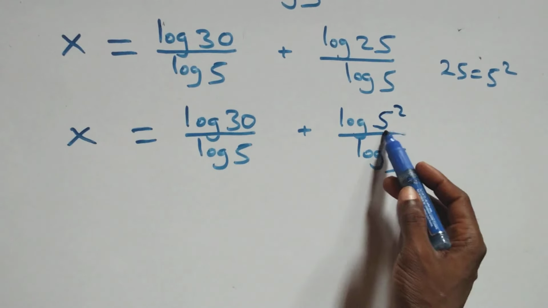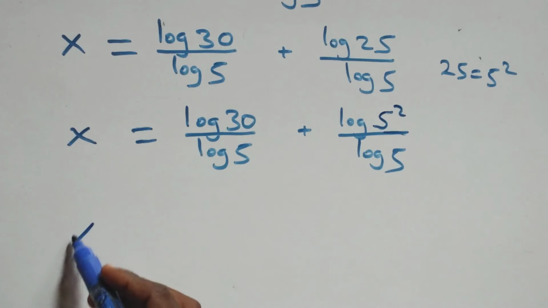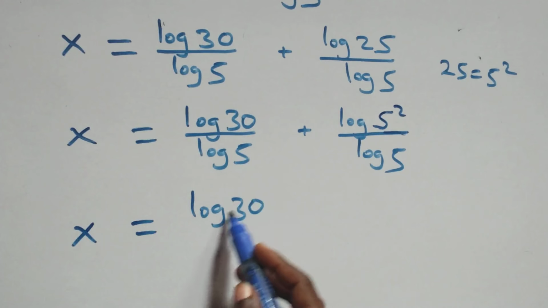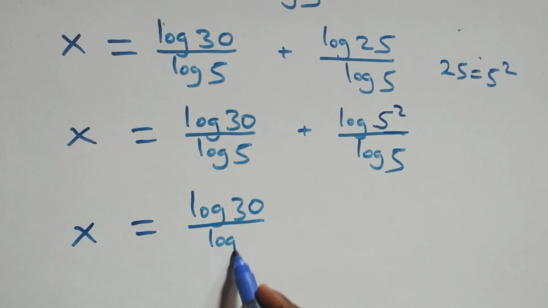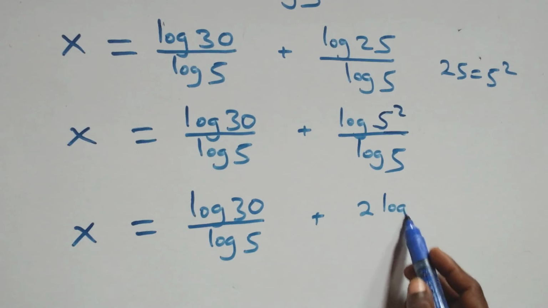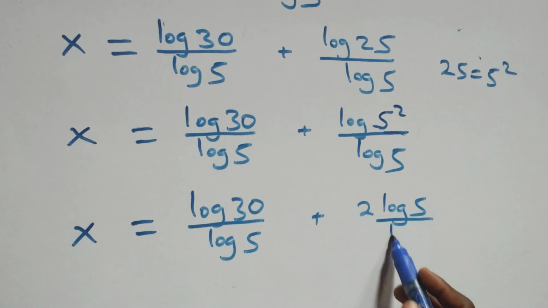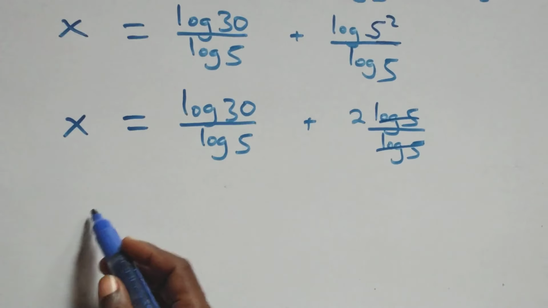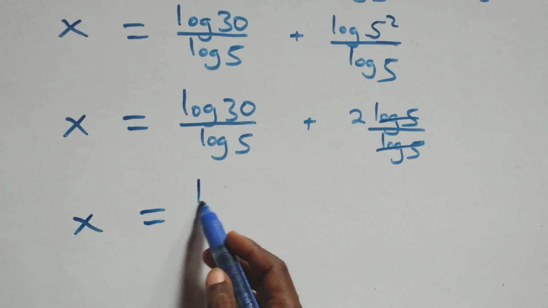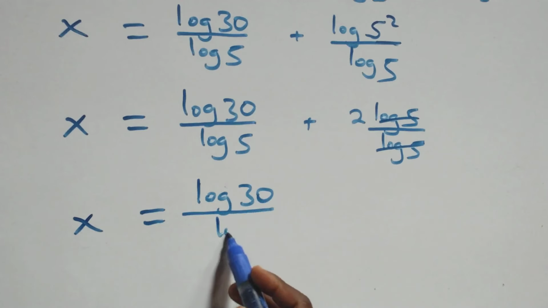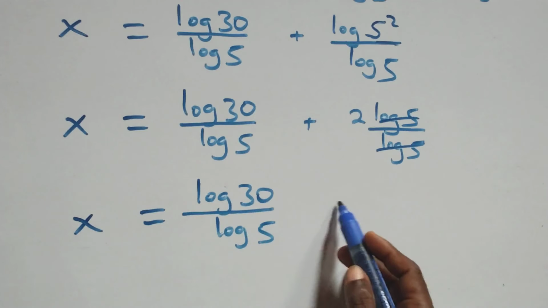Then we apply the power law of logarithm. 2 comes here, and we have x equals log 30 over log 5 plus 2 log 5 over log 5. Then here, log 5 cancel each other. What we have becomes x equals log 30 over log 5 plus 2.